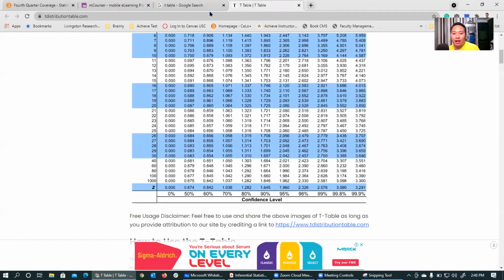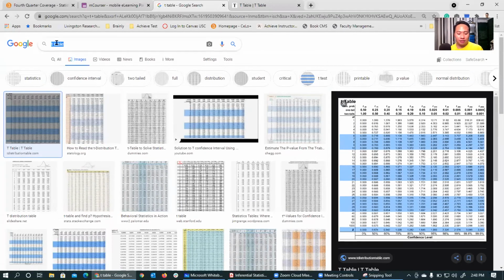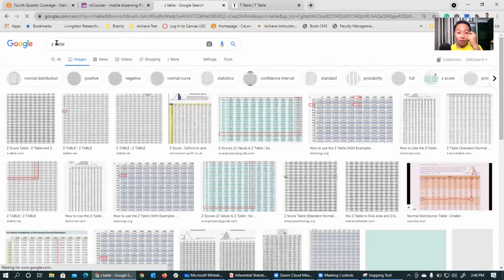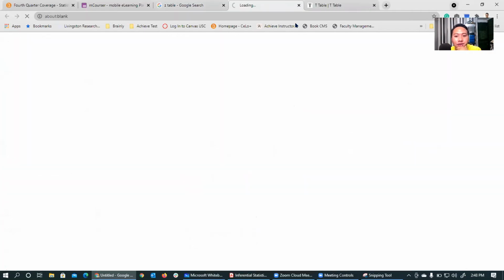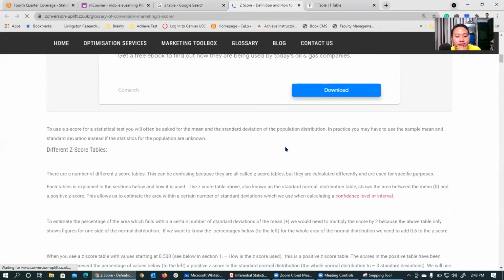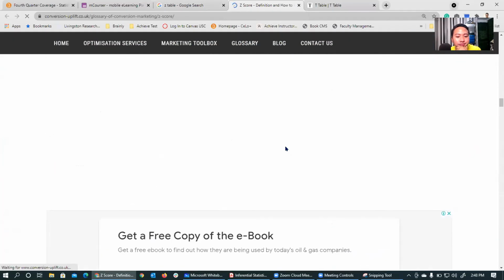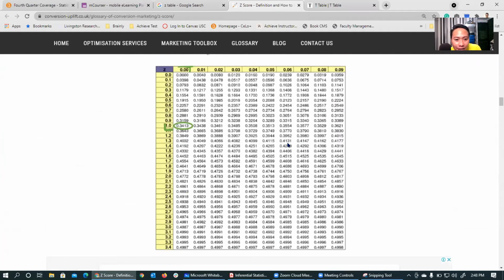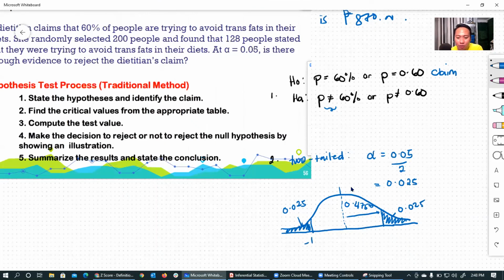We're going to be looking for the area of 0.4750 on the Z table. Here. So 0.4750 is here. Do you see the cursor pointed to 0.4750? That means, guys, that the critical value is Z 1.96. So this means that it's negative 1.96 and positive 1.96.